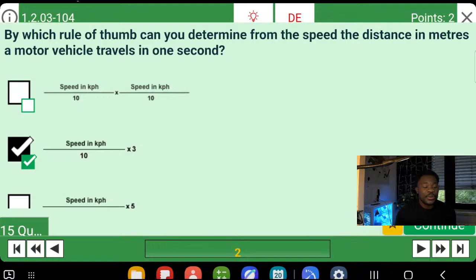If we see a question asking what is the reaction distance according to the rule of thumb, this formula right here is what we are applying.